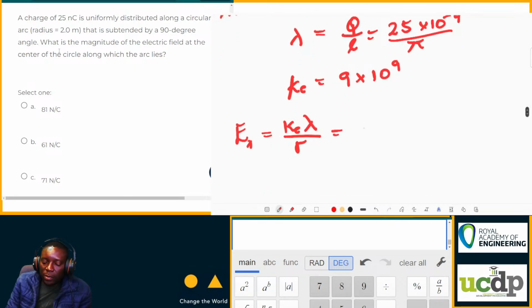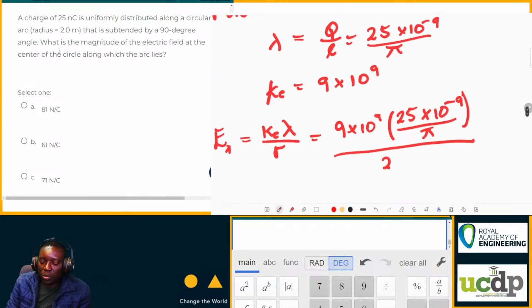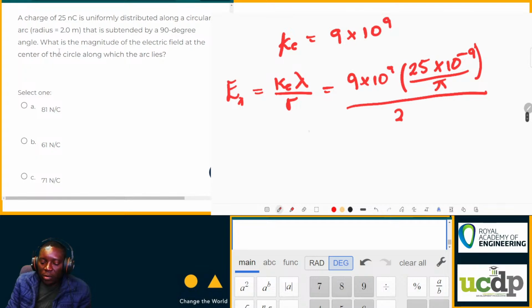So expressing that, 9 times 10 to the 9 multiplied by lambda, 25 times 10 to the negative 9 over pi, over r, which I think is 2. Evaluate this for us, please.